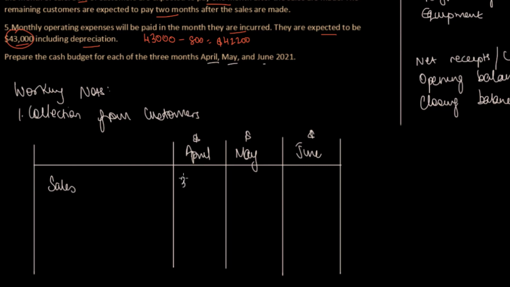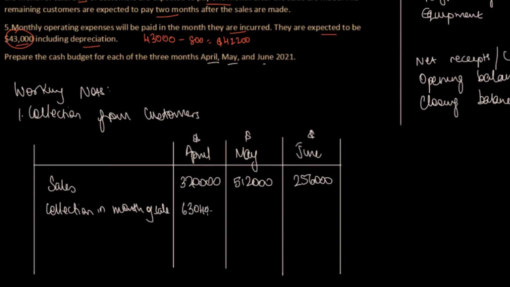So sale was 320,000 in April, 512,000 in May and 256,000 in June. So how much was collected in the month of sale? Basically 20%, subject to 1.5% cash discount. So 320,000 into 20% into 98.5%, we've already calculated 63,040. You can do the calculations for other months on your own so that you also get confidence in this.